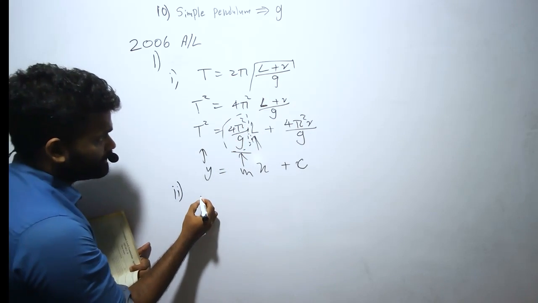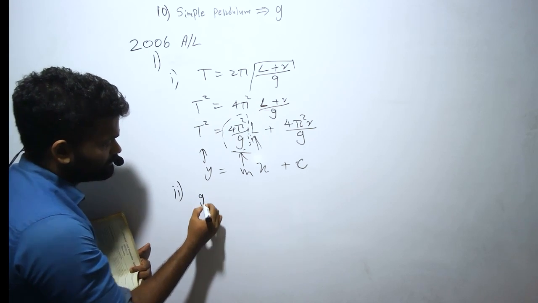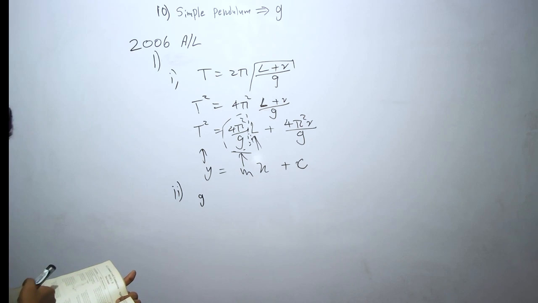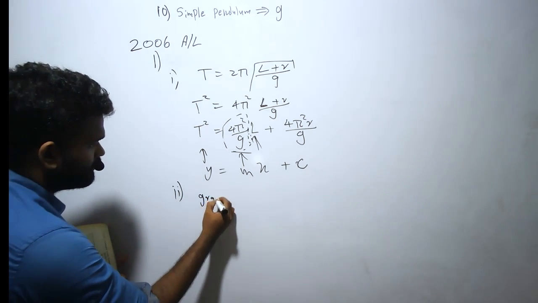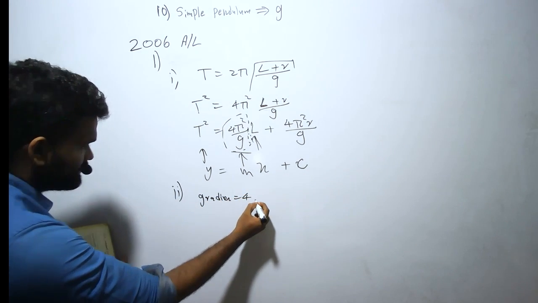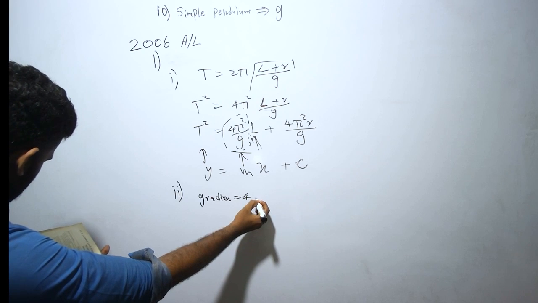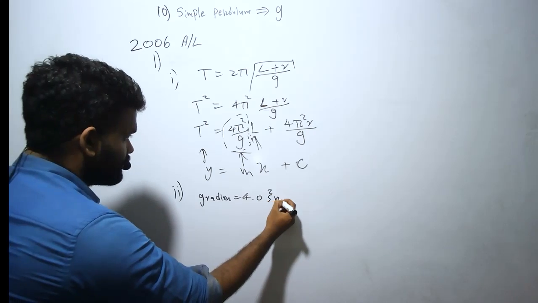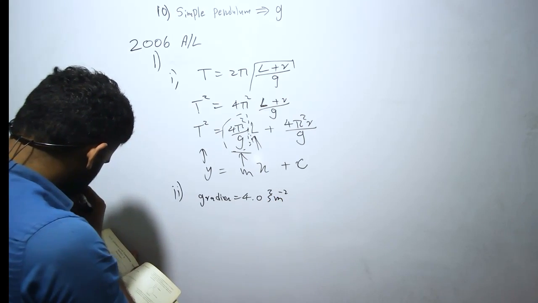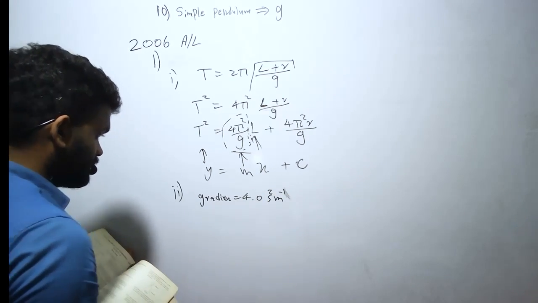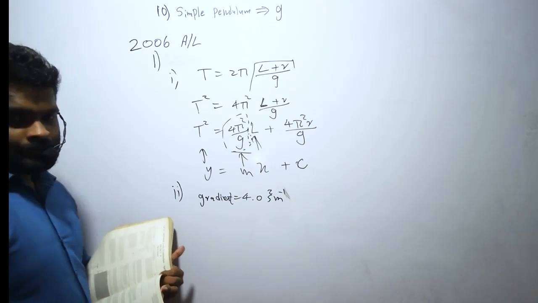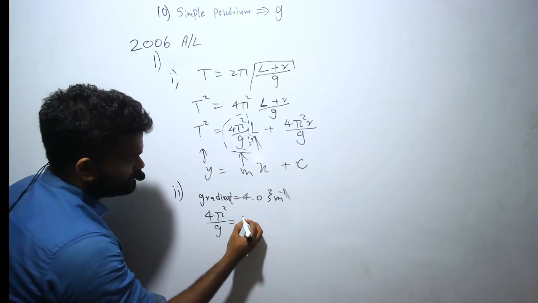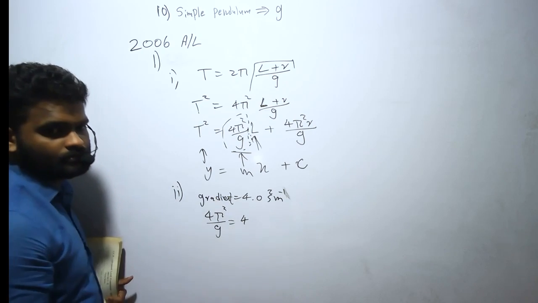So to determine g, we find the gradient. The gradient is given as 4.0 s squared per meter. So 4 pi squared divided by g equals 4.